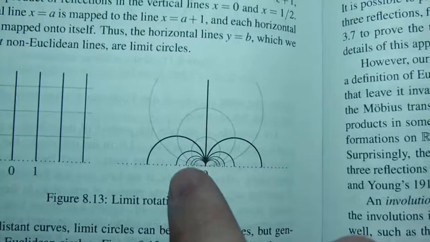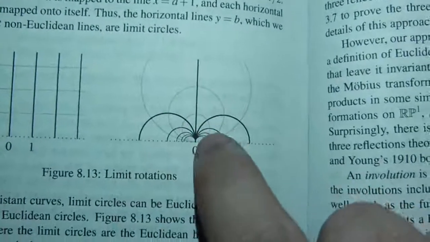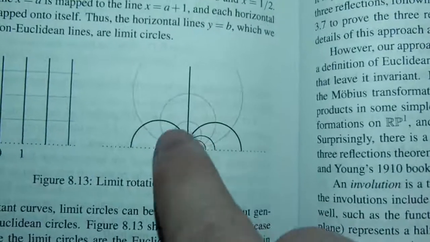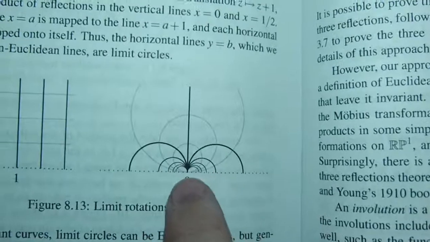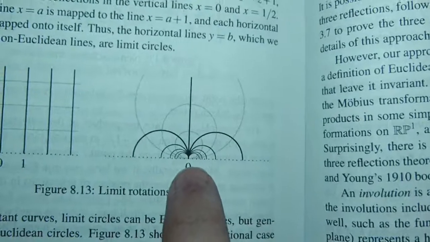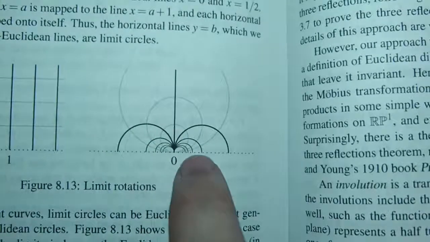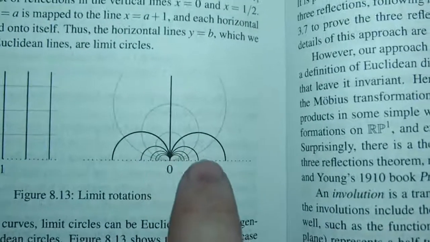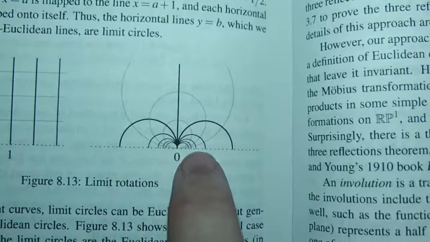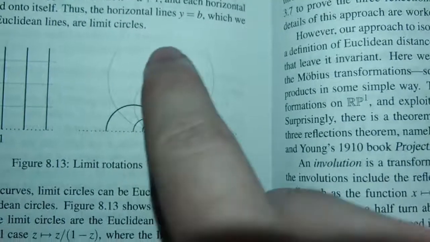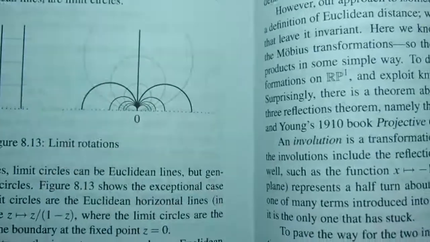Each of these non-Euclidean lines is a translated copy of the others, and these gray circles tangential to the boundary at 0 are the horocycles. Notice these circles tangent to the boundary are not non-Euclidean lines, because they're not semicircles centered on the boundary. They are the horocycles in that case.